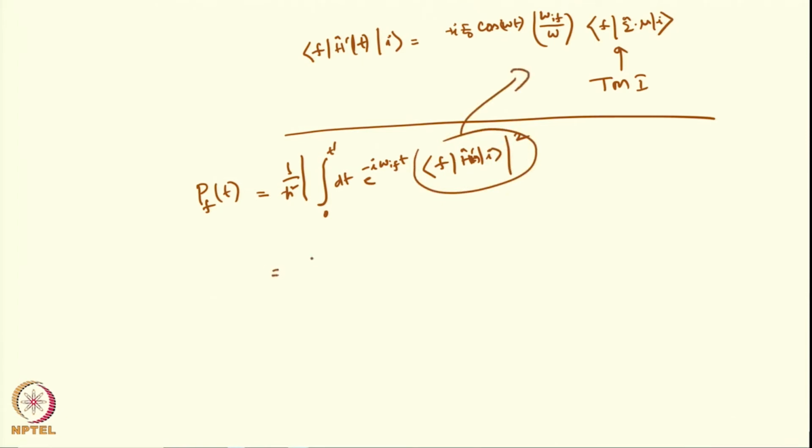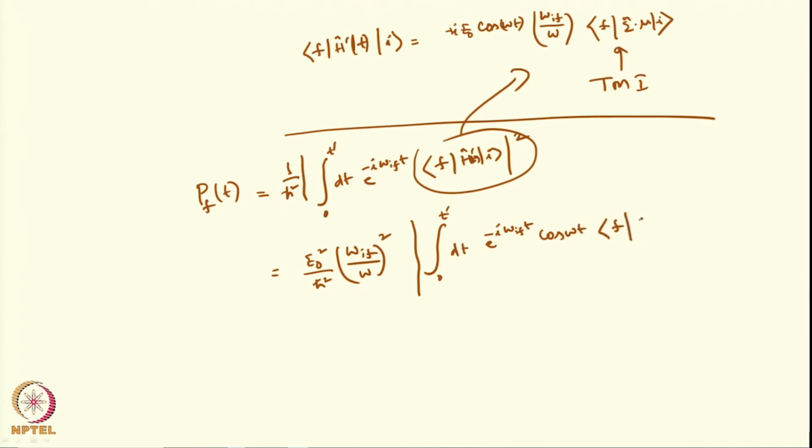So this will be equal to E naught square by h bar square, omega i f by omega whole square, 0 to t prime dt e to the power of minus i omega i f t cos omega t, integral f epsilon dot mu i whole square.